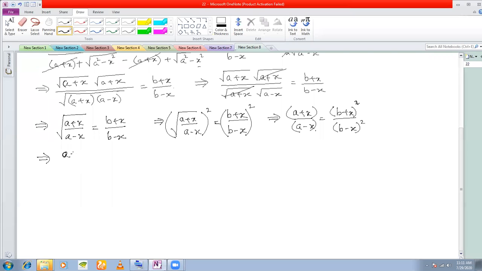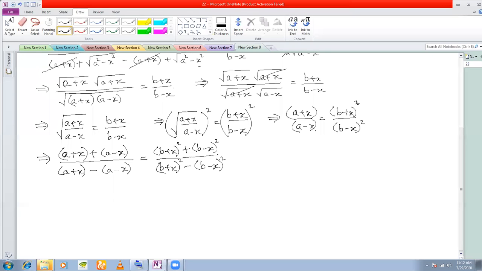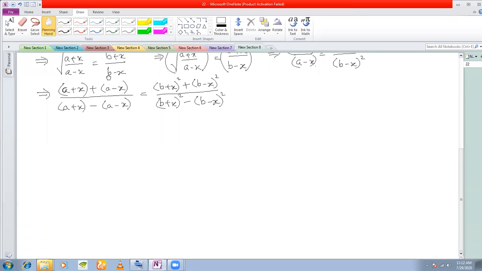So again I apply componendo and dividendo: the numerator plus denominator divided by numerator minus the denominator. I'll simply expand.